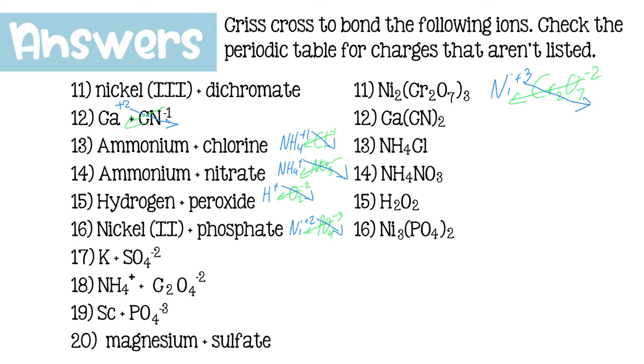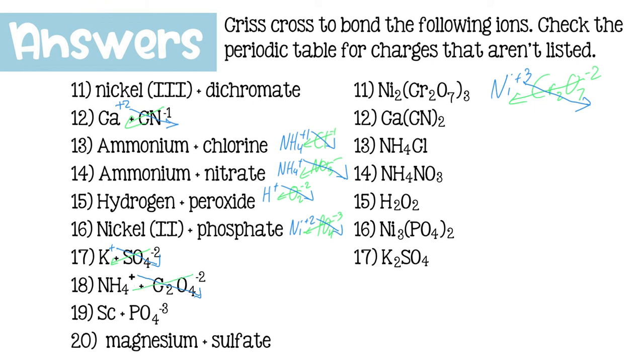Looking at number 17, we have potassium, K, has a +1 charge, and SO4 -2. When we crisscross it with potassium, we will get K2SO4. If we look at number 18, we have NH4+1 and C2O4 -2.